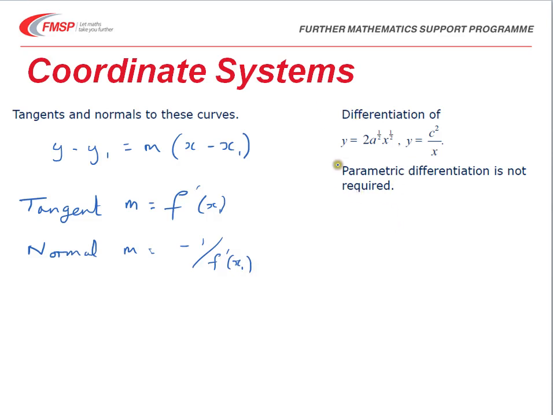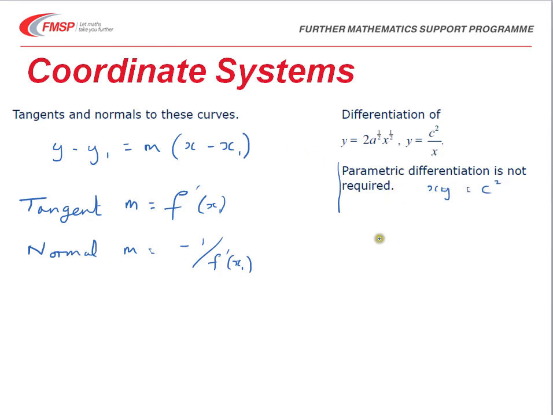The specification is clear that you do not need to use parametric differentiation, neither do you need to use implicit differentiation. Parametric differentiation refers to the idea that we can use parametric equations, and implicit differentiation is where we can look at the equation of the hyperbola as xy equals c squared and differentiate that.